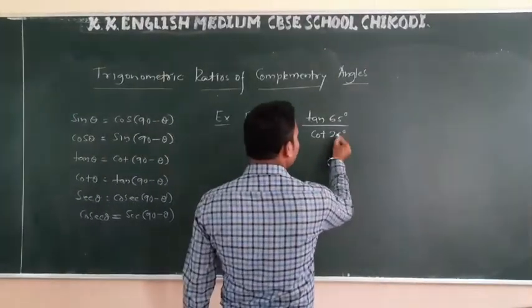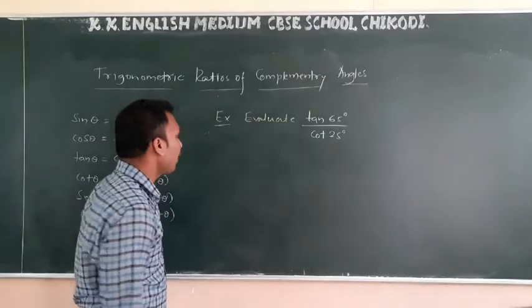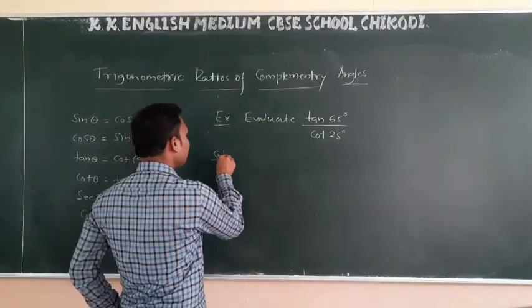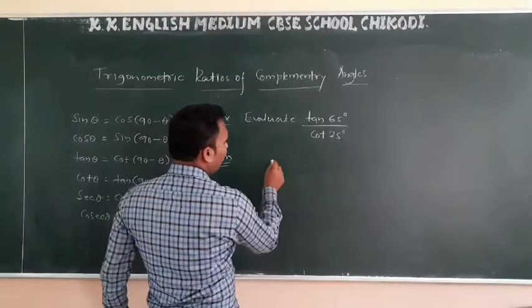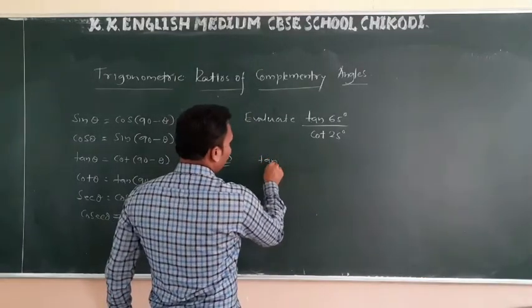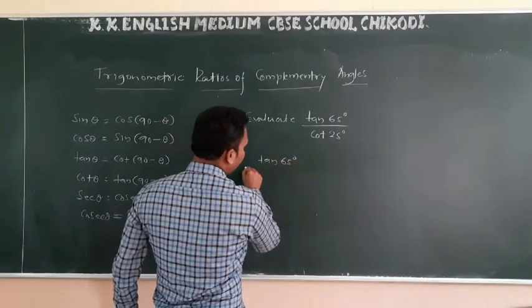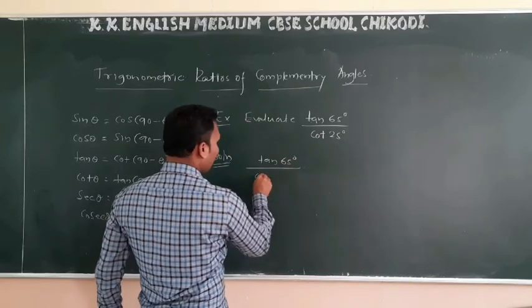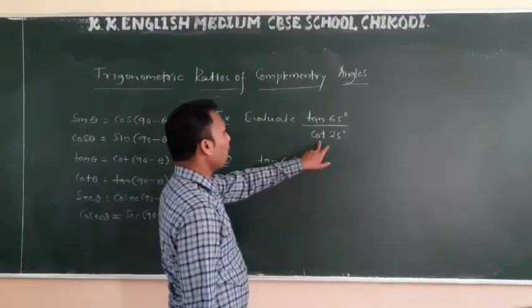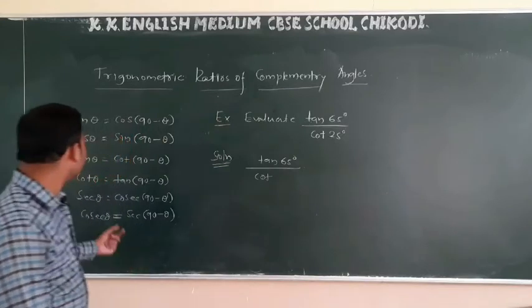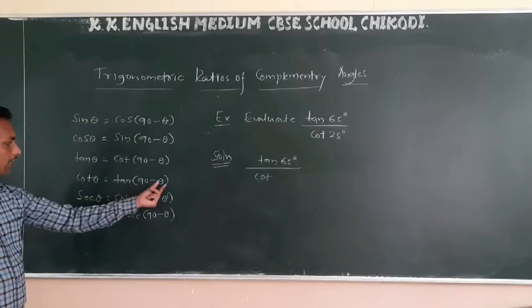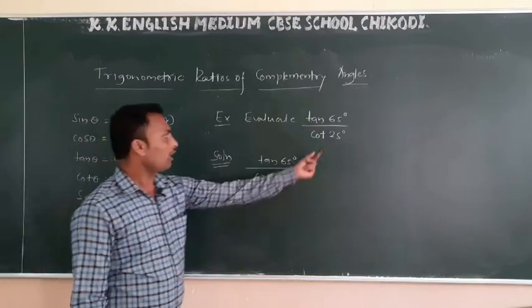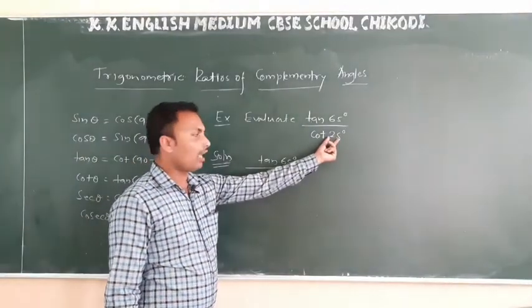Solution. Tan of 65 degrees divided by cot of 25. Now just see, cot of theta is nothing but tan of 90 minus theta, where theta is the angle.